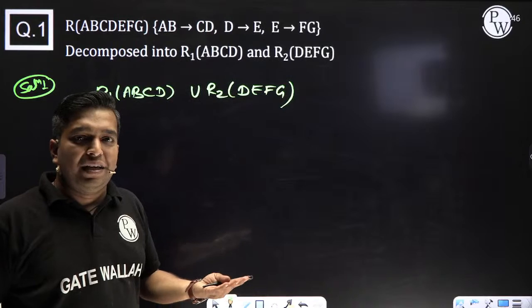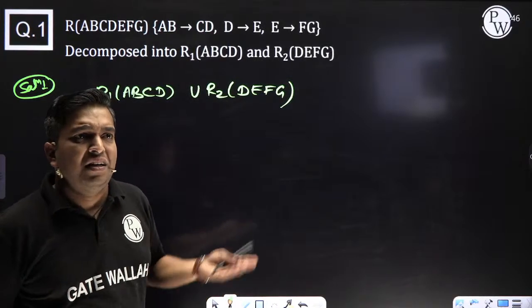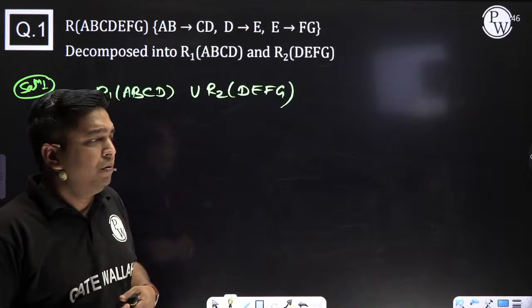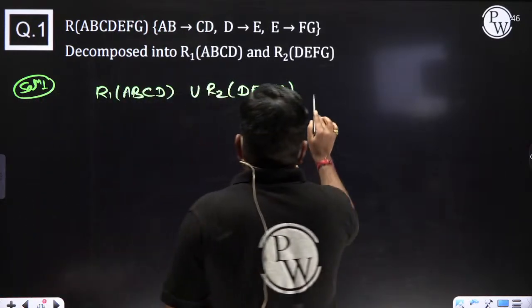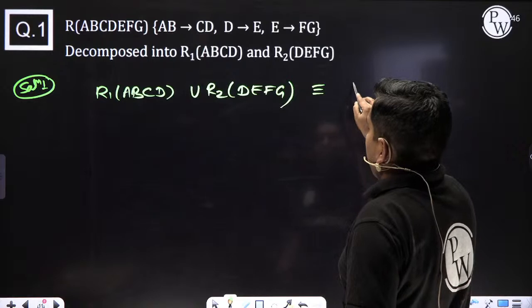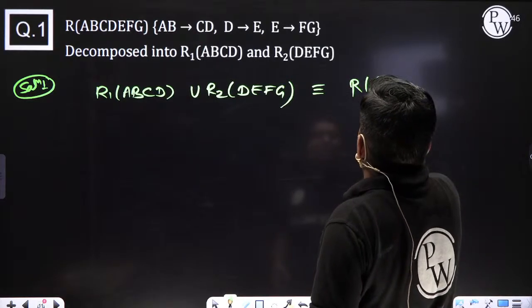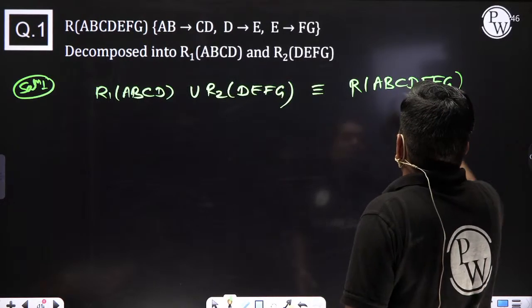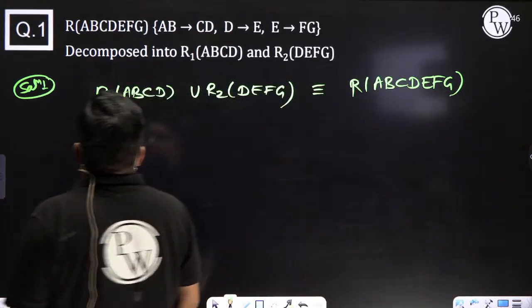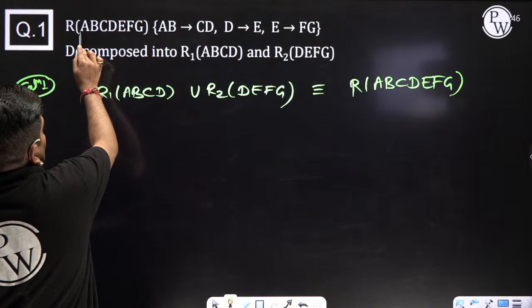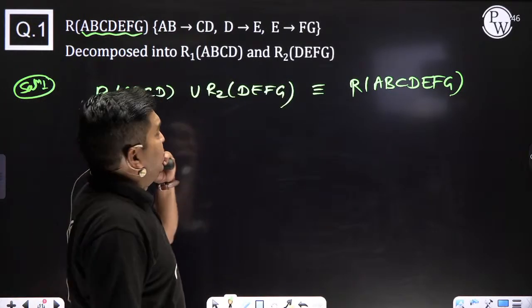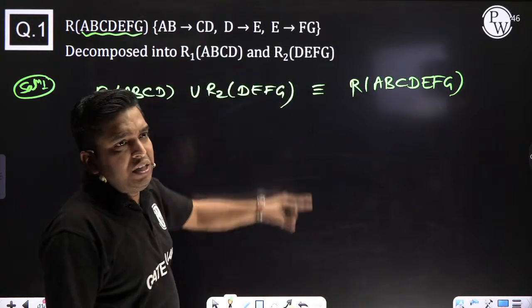That is only applicable for finding the number of super keys. When you take the union, you are getting A, B, C, D, E, F, G, all attributes, my dear.